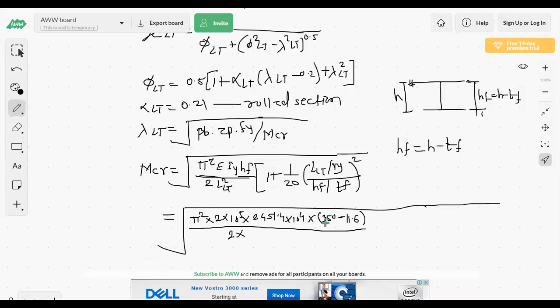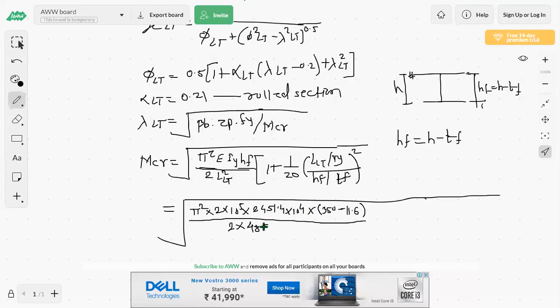But all these dimensions are in mm, so we have to convert it into mm: 4850, squared, because the formula has LLT square.